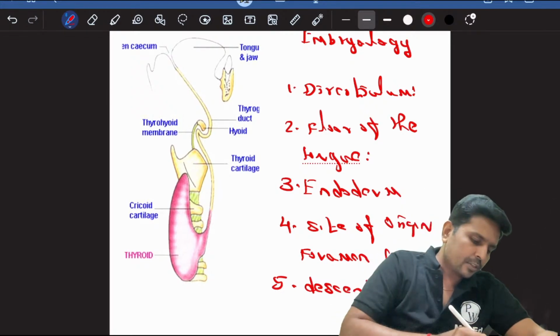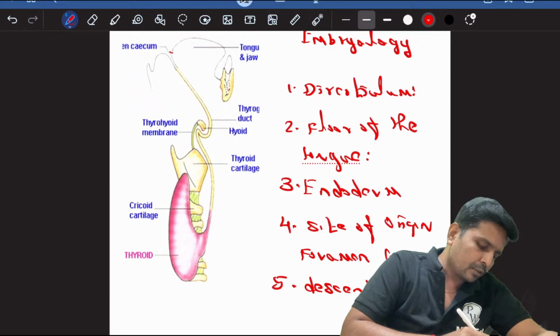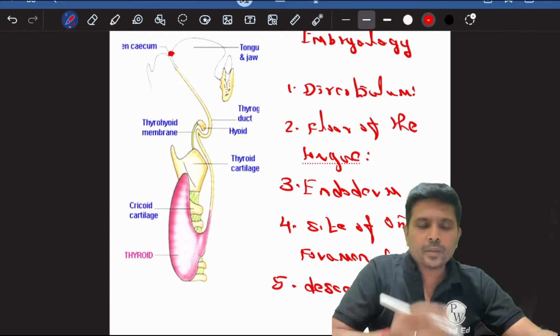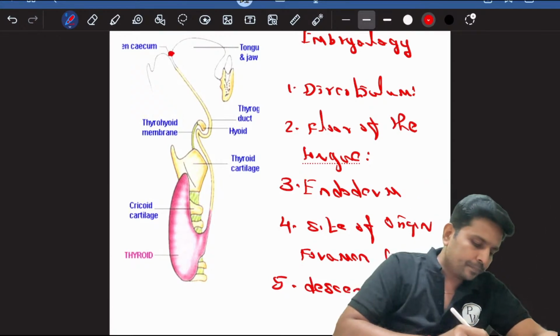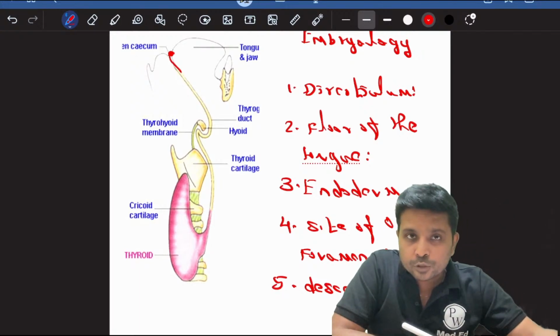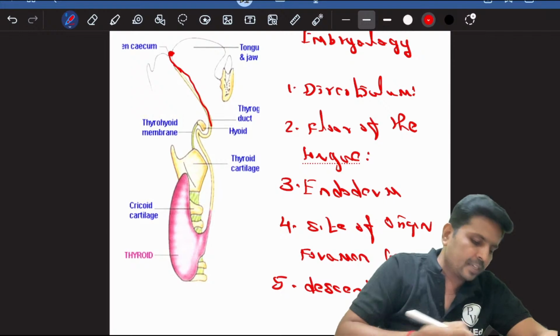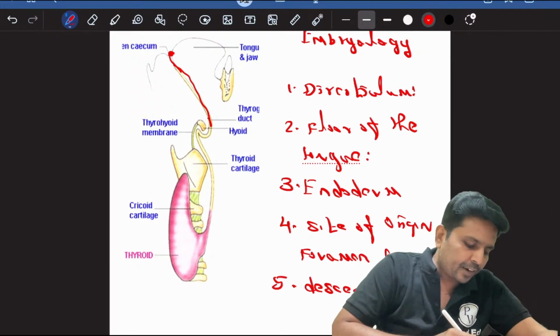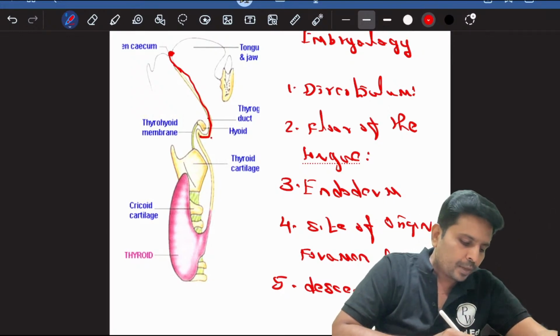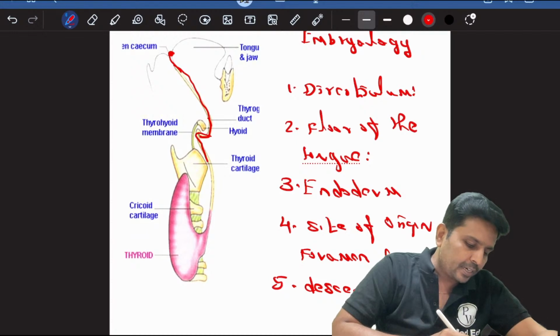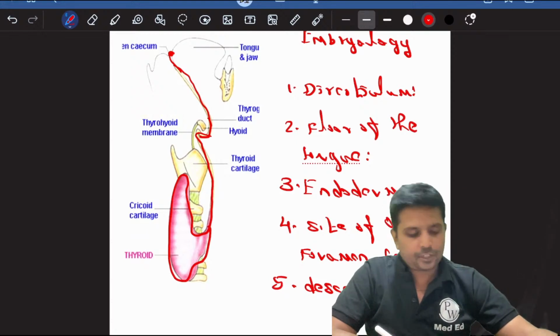Look at this: this is the foramen cecum, at the posterior most part of the tongue, and from there the diverticulum descends in front of the hyoid bone, and then gradually descends down and forms the thyroid gland in front of the tracheal cartilages.